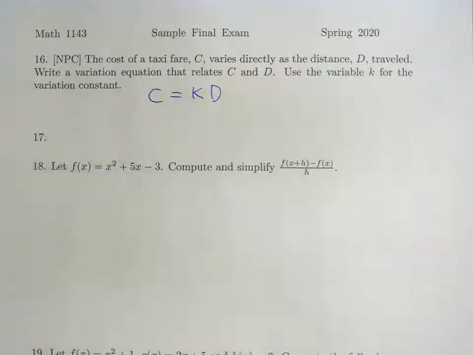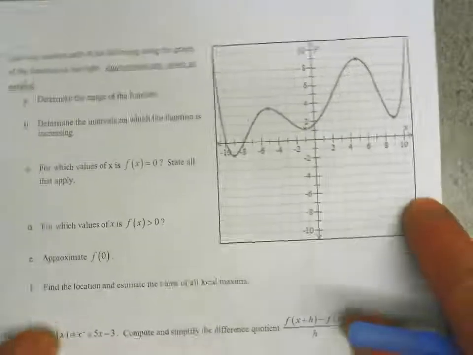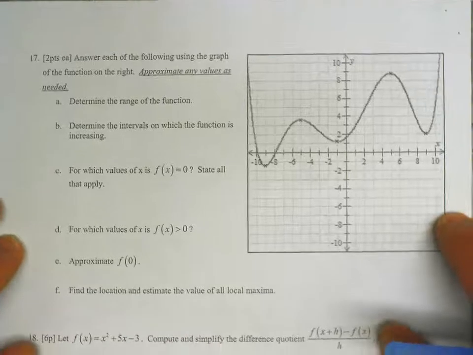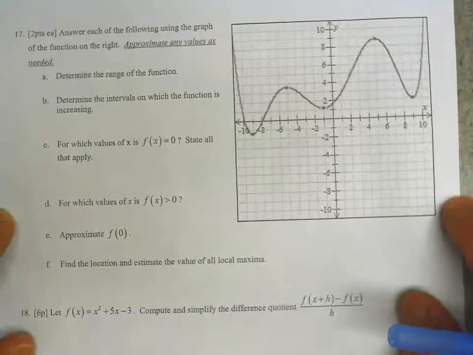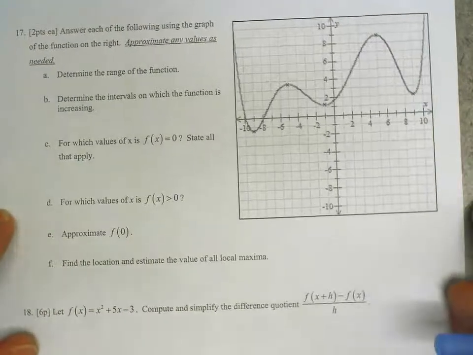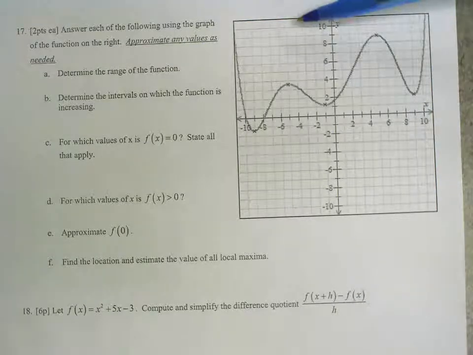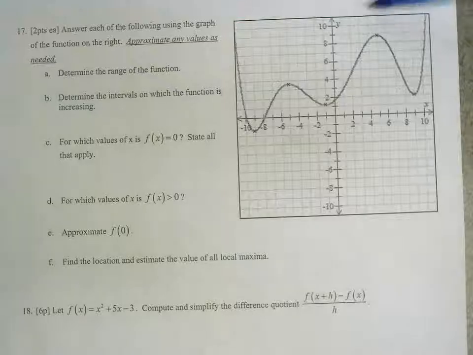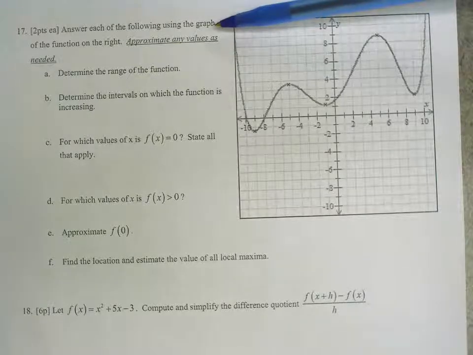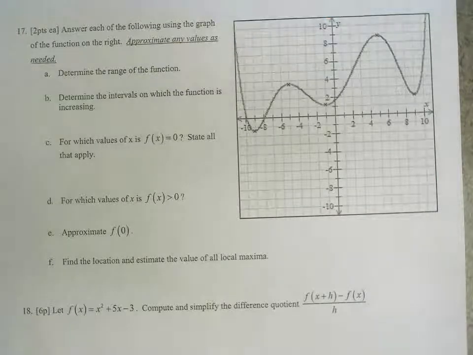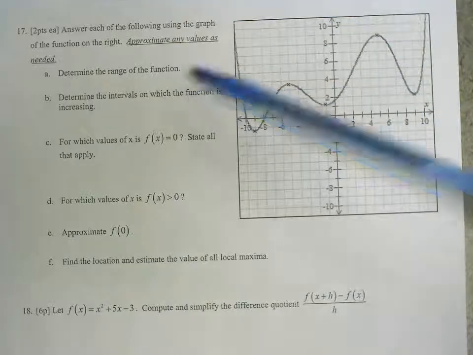On number 17, I decided to try to see the graph of this copy that I sent you. This one says, answer each of the following using the graph of the function on the right. Approximate any values as needed. Determine the range.